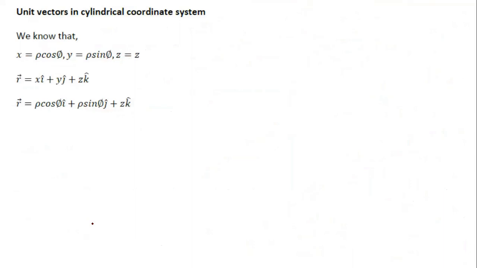After that, we can obtain the unit vectors also. So the scale factors are known to us already. H rho is 1, H phi is rho, H z is 1. So this is your position vectors. How do you obtain your unit vectors? In order to obtain your unit vector, the first unit vector E1, instead of E1, I'm now going to use E rho.